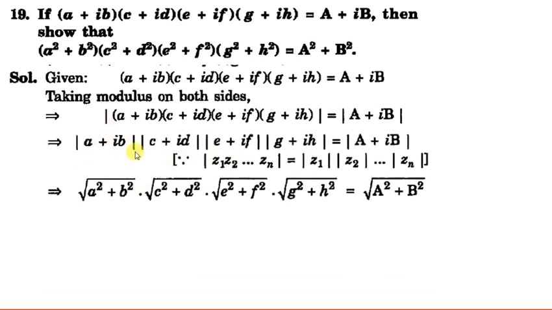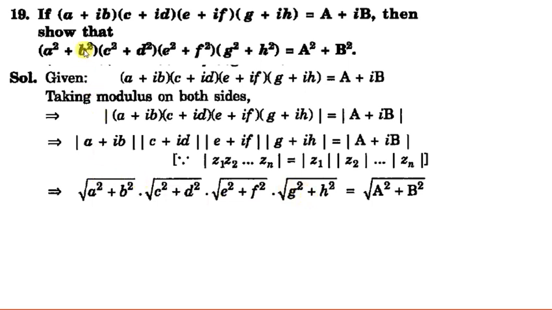So we can write it as modulus a plus ib, modulus c plus id, modulus e plus if, and like this equal to modulus a plus ib, and modulus a plus ib is under root of a square plus b square. Similarly, modulus c plus id is under root c square plus d square, and likewise the other two.